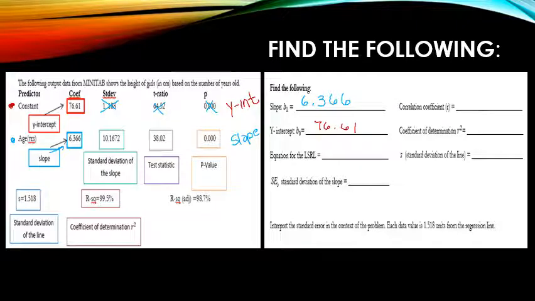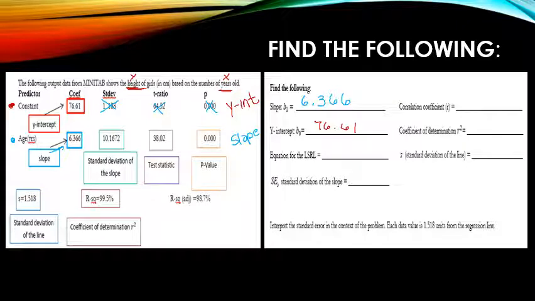So we're going to write 76.61. If we put it all together and write the equation of the LSRL, our least squares regression line, we would take our y-intercept first. Our dependent variable is going to be height, because we are finding the height based on the age. So our age, or our years, is going to be our x variable, and our height is going to be our y variable.